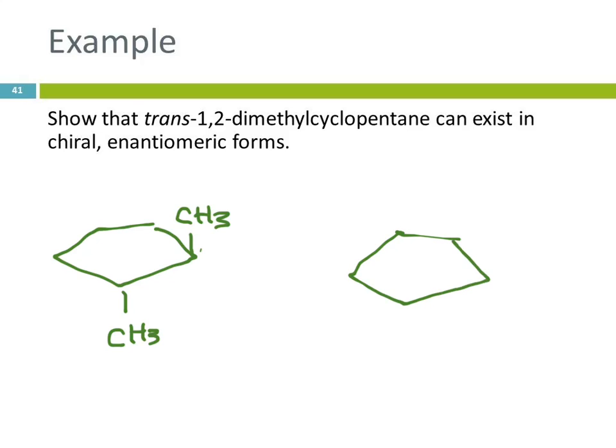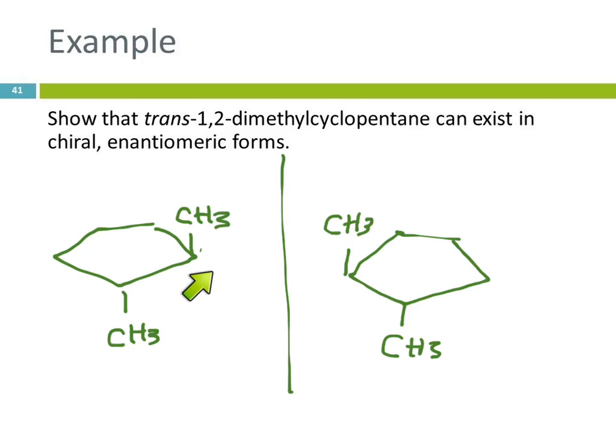Now I'm going to draw the mirror image. So here's the mirror, and we're mirroring this. So this one's on top and this one's on bottom. Are those two superimposable? You need to visualize picking this up and trying to put it on top of this one.